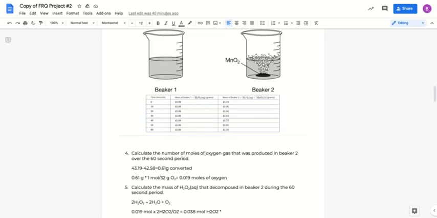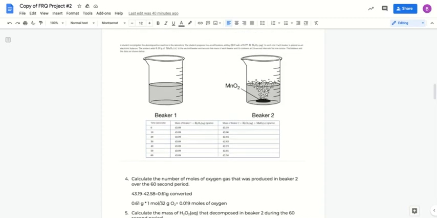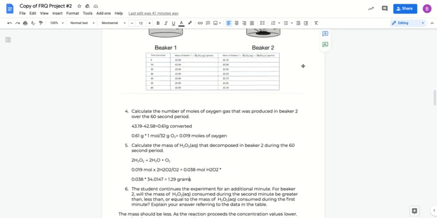Since we have to calculate the moles of O2, we subtracted the ending mass of beaker 2 from the beginning mass, because in this picture the oxygen gas is rising up and everything else is staying here, so the only change in weight would come from oxygen gas dissipating into the air.